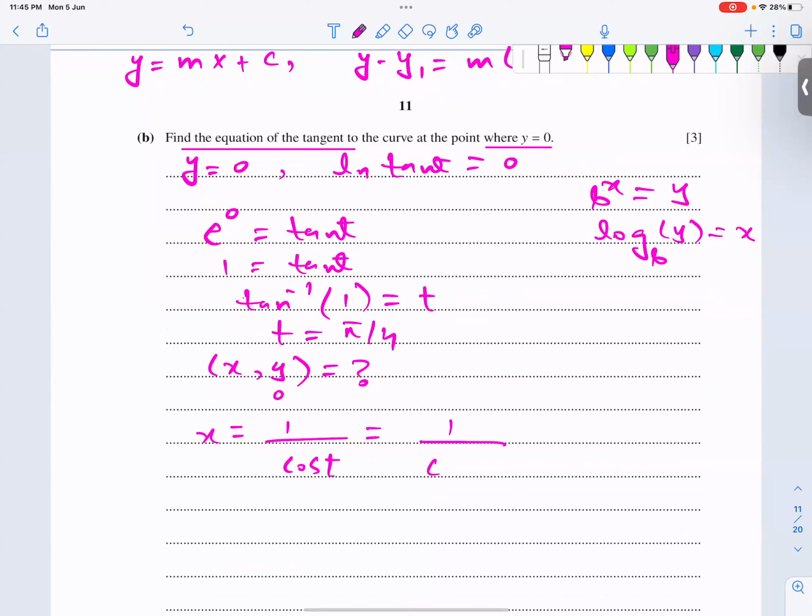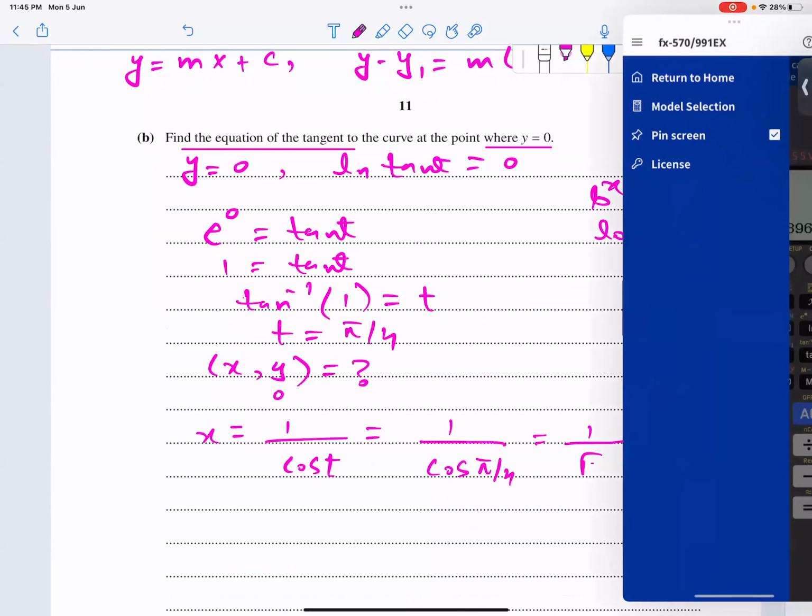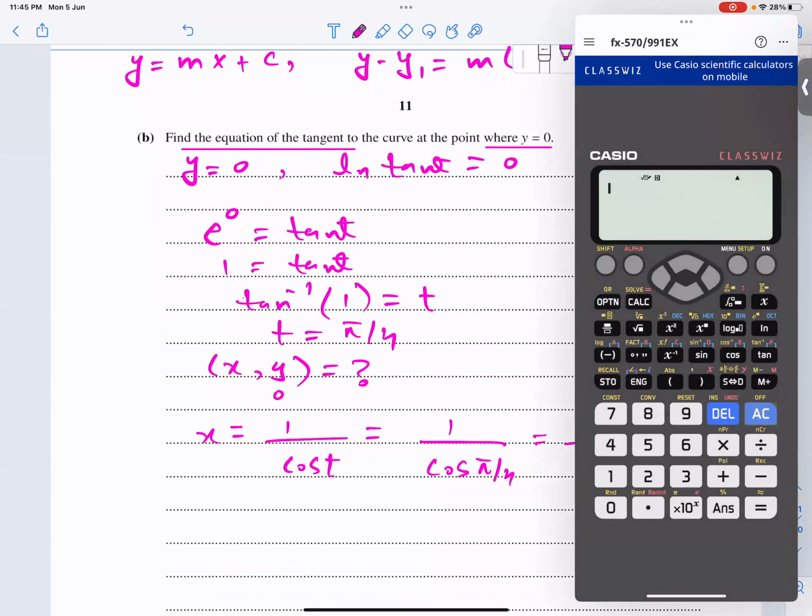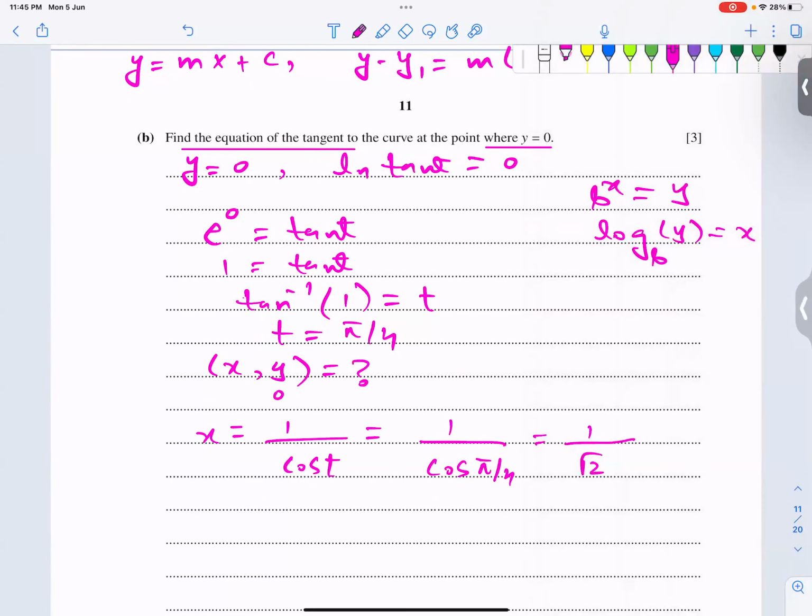So just put cos of pi by 4, which, if you use the calculator, cos of 45 degrees is square root 2 divided by 2. So the final answer will be 2 over square root 2. Now the point will become 2 over square root 2 comma 0. This is the point. Now we need m.